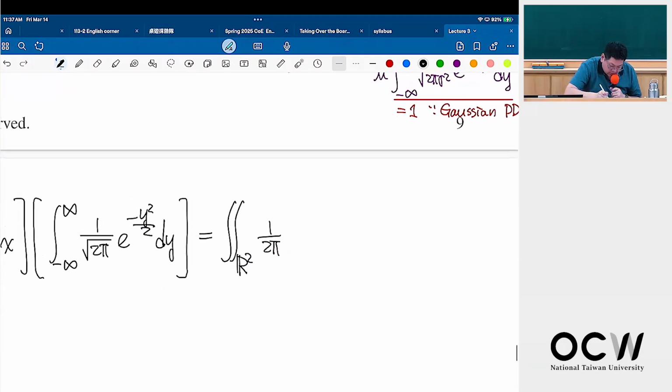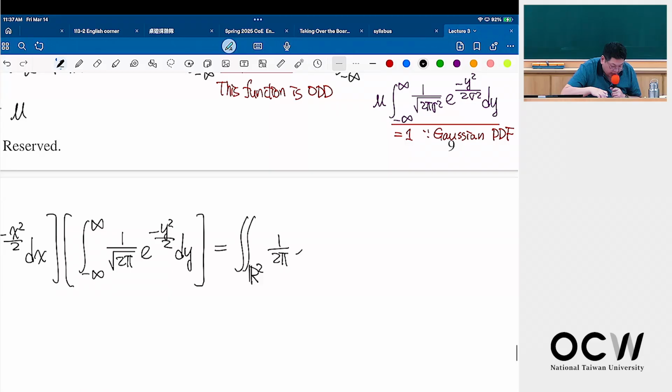So this is 1 over 2 pi times e to the minus x squared plus y squared over 2 dx dy.